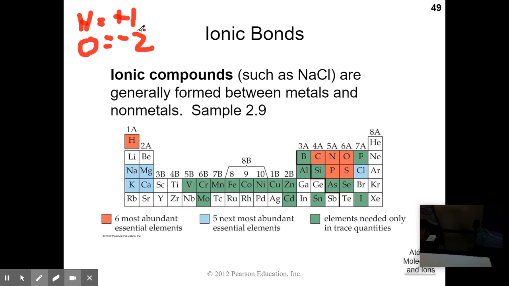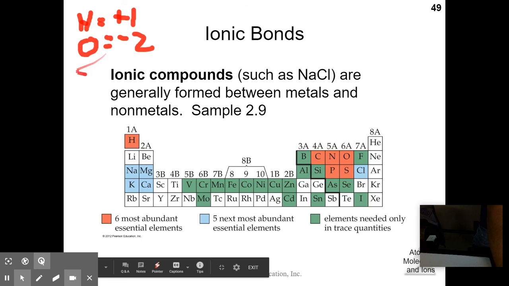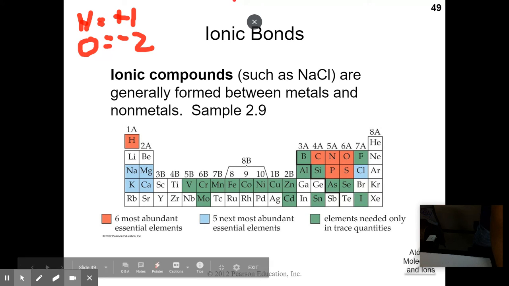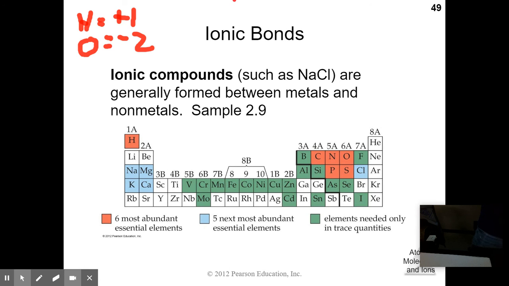Now, here is something cool. When we've got ions for metals and nonmetals coming together, their charges have to cancel each other out. So an ionic compound will actually have an overall net charge of 0. You with me still? So if you have oxygen that is 2- and hydrogen that is +1, how do we make that neutral?